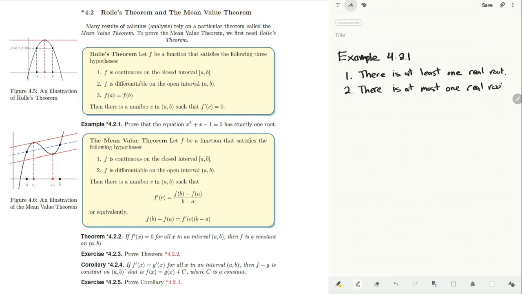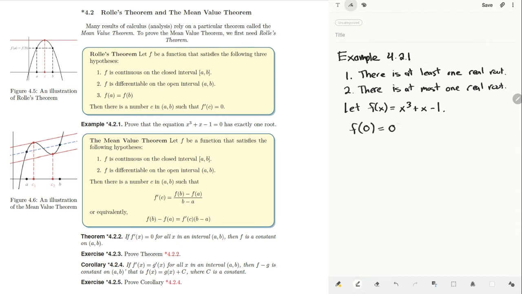Now to show that there is at least one real root, we will use the intermediate value theorem. So we're going to let f be equal to x cubed plus x minus 1. And now let's evaluate the function at 2 points. So let's choose 0.